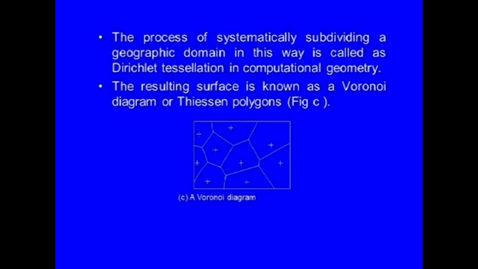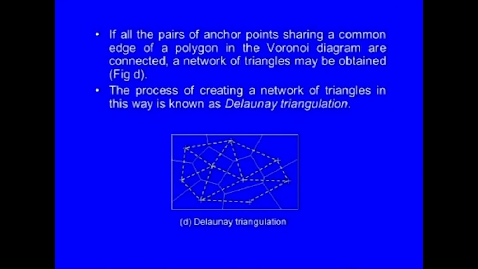The resulting surface is known as a Voronoi diagram or Thiessen polygon, as shown in figure C. If all the pairs of anchor points sharing a common edge of the polygon in the Voronoi diagram are connected, a network of triangles may be obtained, as we can see in figure D. The process of creating a network of triangles in this way is known as Delaunay's triangulation.